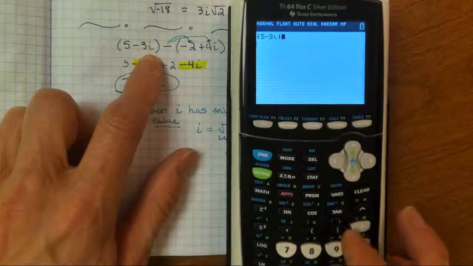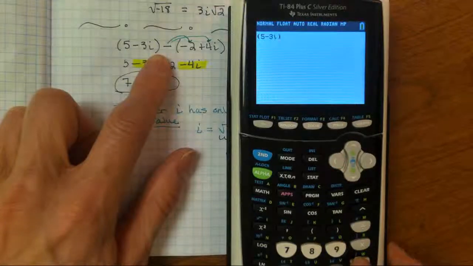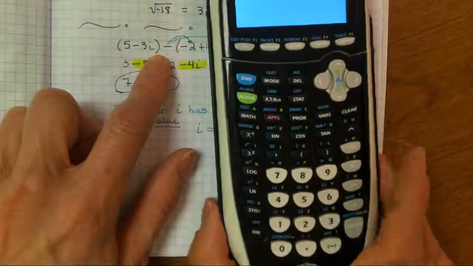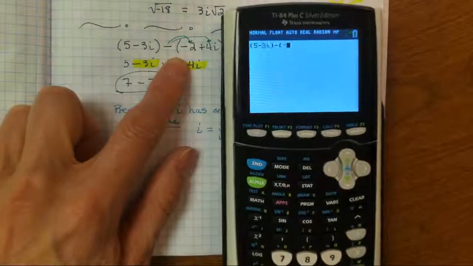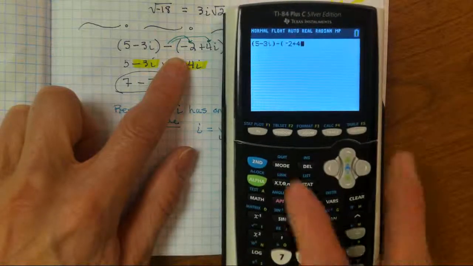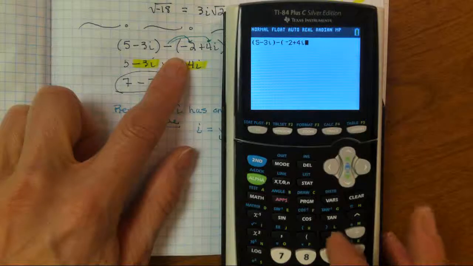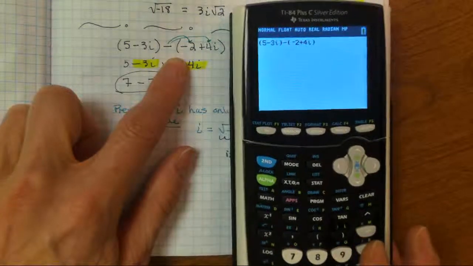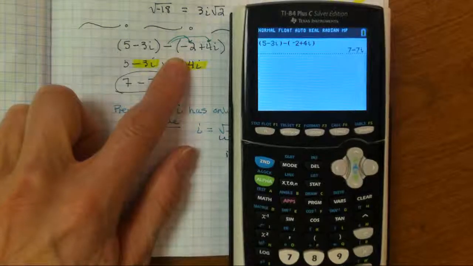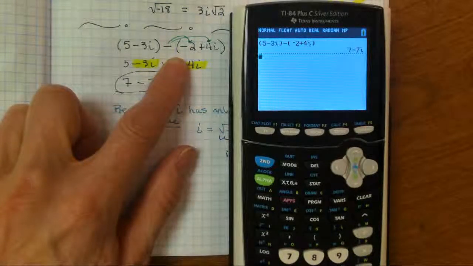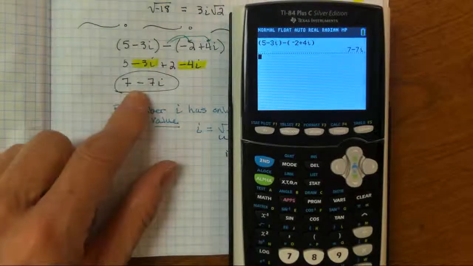Close my parentheses. Then I'm going to do a minus, and then parentheses negative 2 plus 4, and then i again. Okay? So that looks exactly the same.